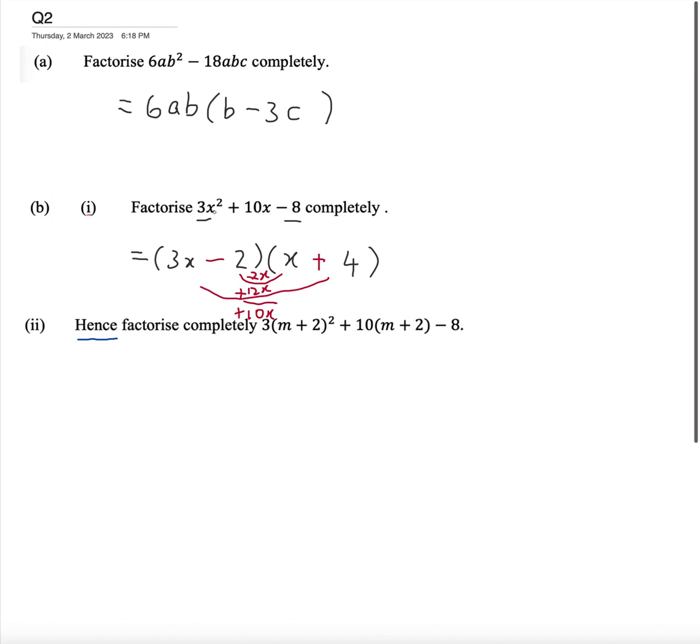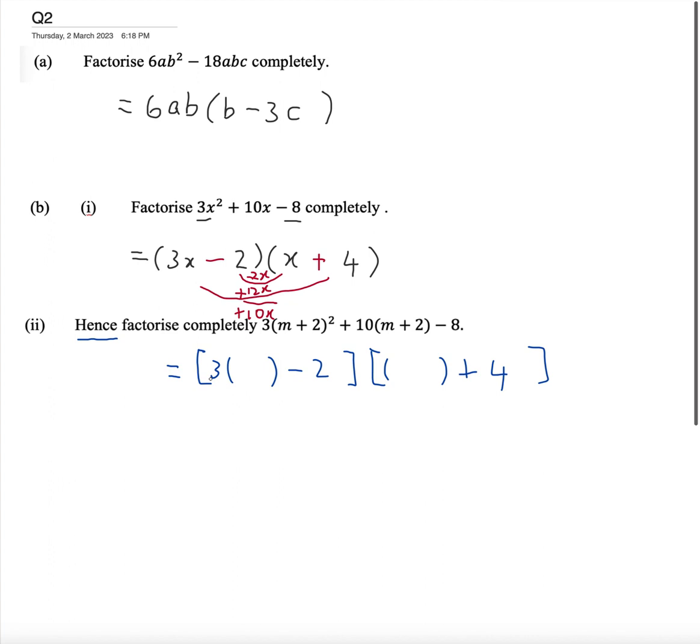Basically, x is replaced by m plus 2. That means the answer x will also be replaced by m plus 2. So our result is similar to the first expression, where we have 3x minus 2 and x plus 4, taking the same form.